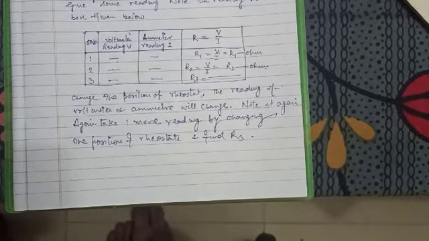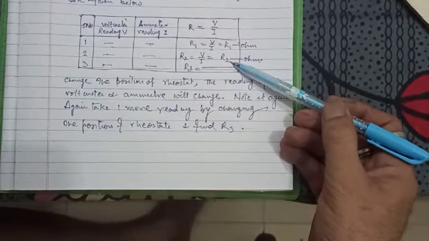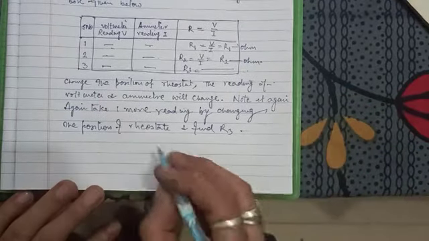So in this way we can take three readings. In the first we have R1, in the second R2, in the third R3.